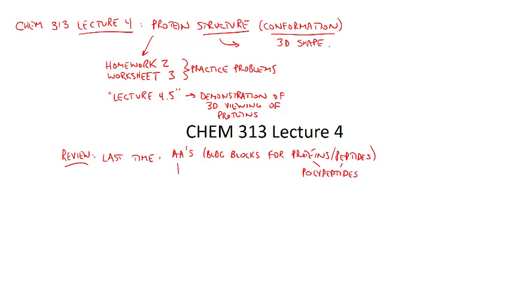And we said amino acids are molecules that have an amine group, a carbon that's referred to as the alpha carbon, a carboxylic acid group, and a variable group we call the side chain. We note that the amine has a positive charge and the carboxylate has a negative charge at neutral pH.